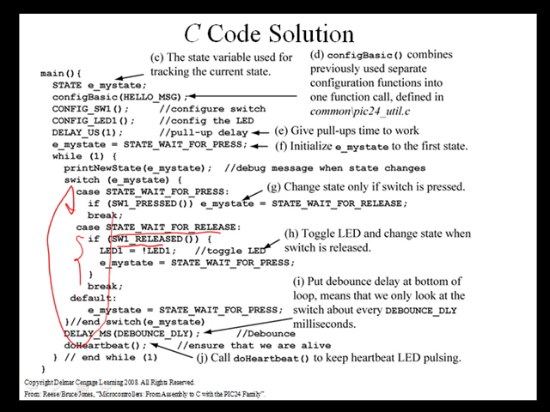So we're not going to execute this body. We're going to hit this break, go down to the end, delay 15 milliseconds, and we'll loop several times through here until the human finally releases the switch. Once the switch is released, we're then going to toggle our LED and then change our state back to state wait for press. When writing your case statements, you need to be very careful to always include a break at the end of each case.